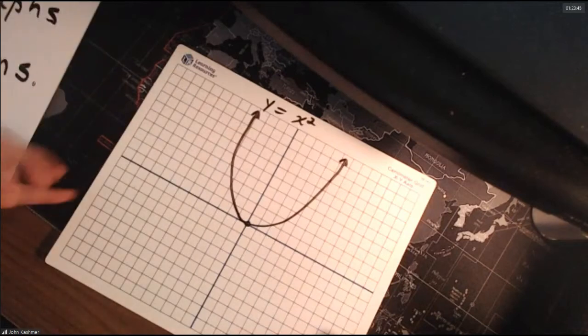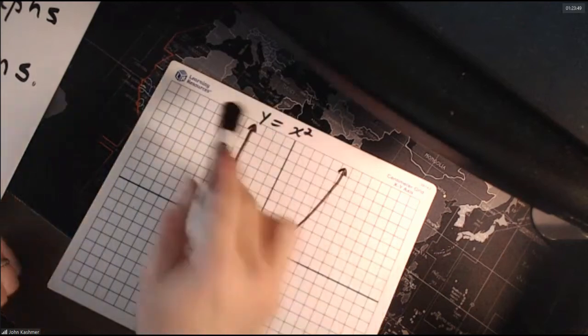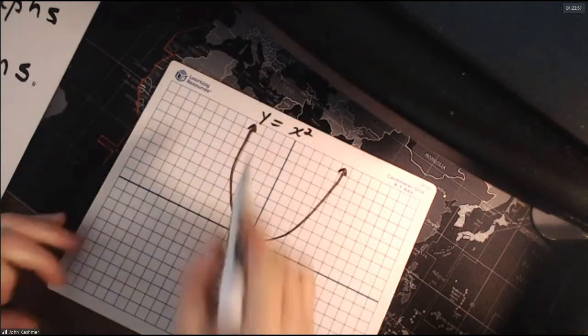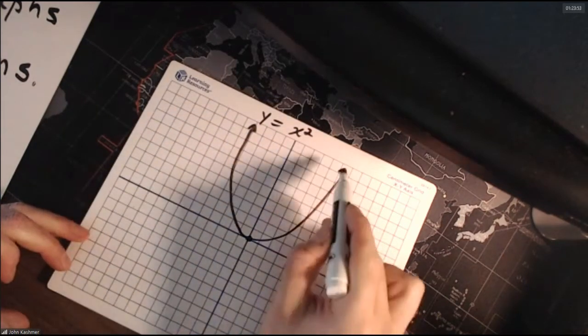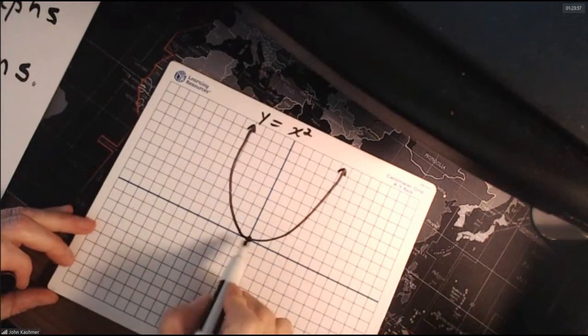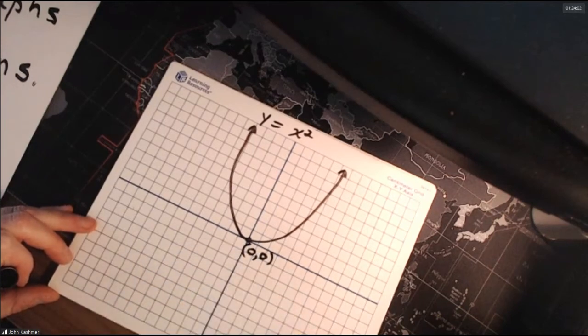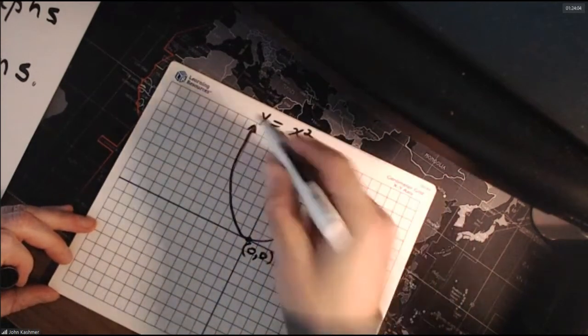So for example, this is the parent graph for x squared. Whenever you have y equals x squared or f of x equals x squared, you know it's going to be a parabola that opens upward, and the vertex of the parabola goes through (0, 0). And obviously these arrows go to infinity.